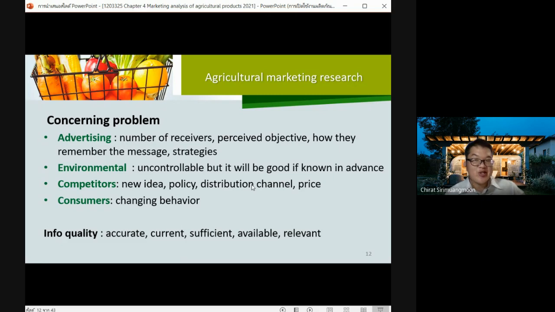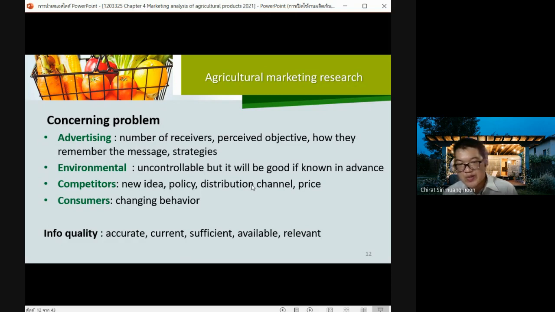That is the thing that you need to be concerned about too. In terms of agricultural products, many people don't want to touch the products because they think it's going to be contaminated with COVID-19. So you might have policies like, okay, in our farm, the person who harvests wears a mask, and after harvest, we clean with chlorine water and then pack, so no one can touch the product anymore. So the environment factor also needs to link to the marketing research too.